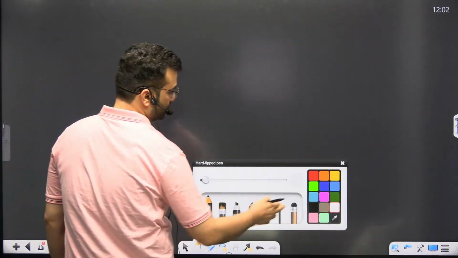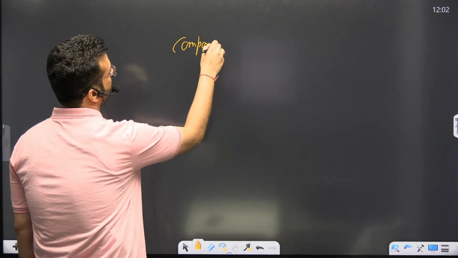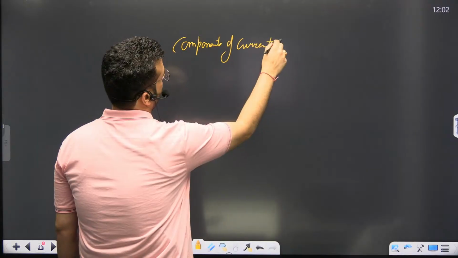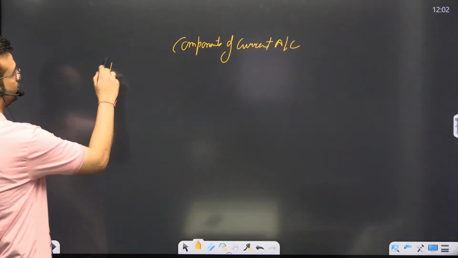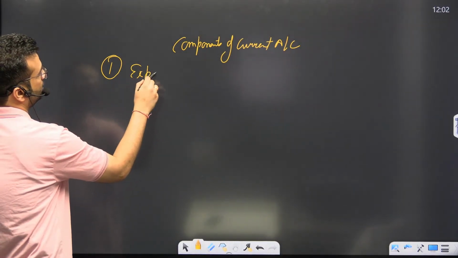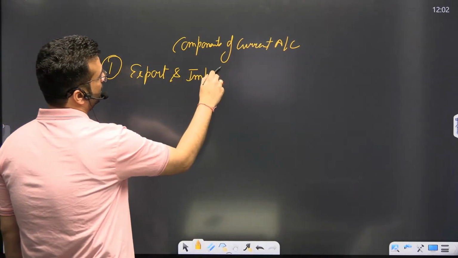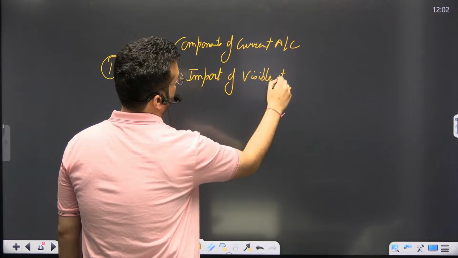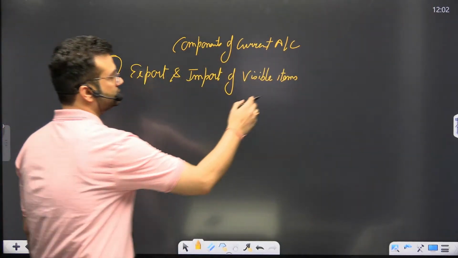Now, what are the components of current account? First, export and import of visible items, that is generally goods.